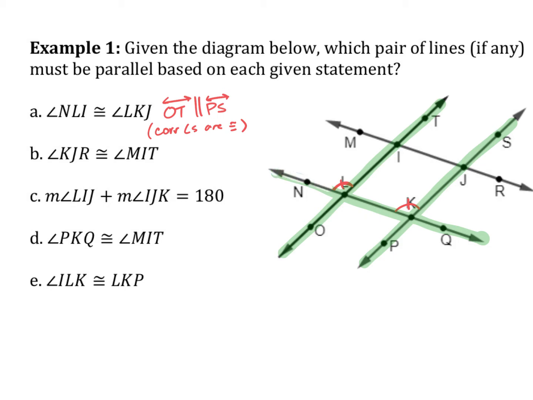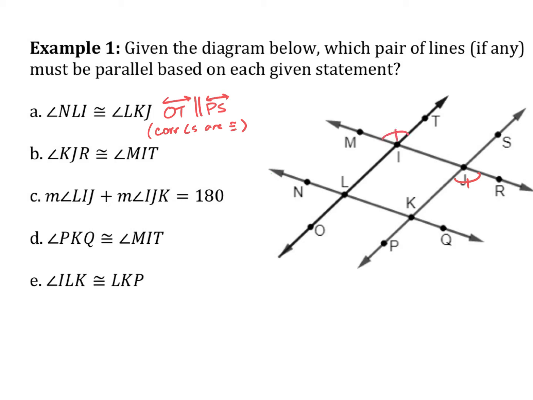Let me get rid of my markings here that I put on the diagram for part A. Get rid of all those markings. Okay, let's mark angle KJR congruent to angle MIT.